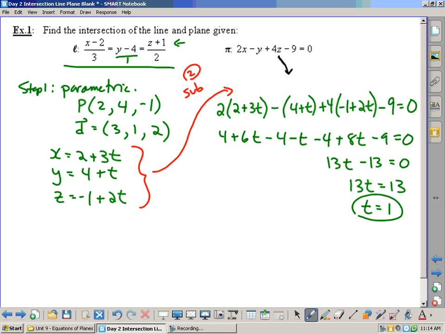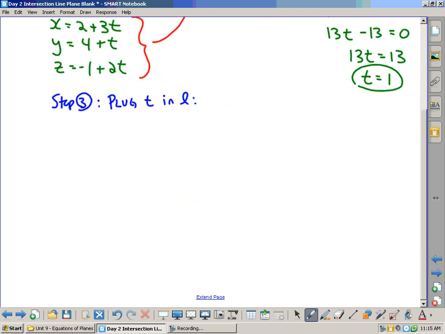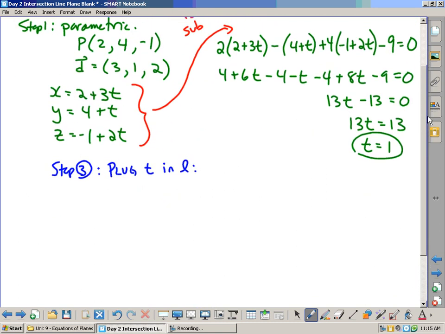So finally, step three. Plug this value for t into the line to get the actual coordinates. So we know that t is 1, so the x coordinate is going to be 2 + 3 times 1, which is 5.